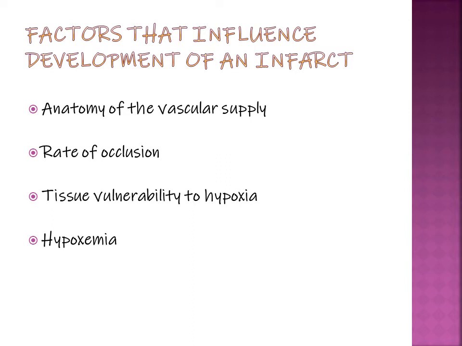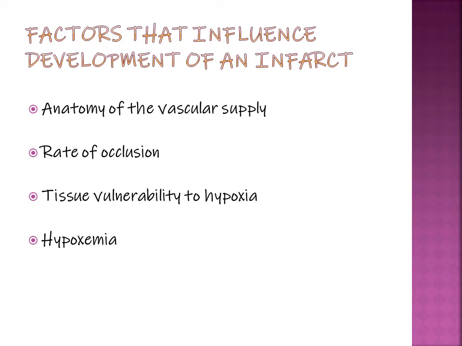For example, the lung has a dual blood supply from the pulmonary and bronchial vessels, while the liver has a dual blood supply from the hepatic and portal circulations. So these organs are less prone to develop ischemia as compared to organs like the kidney and spleen, which contain only a single blood supply. So the vascular supply of an organ is very important and may influence the development of infarct.